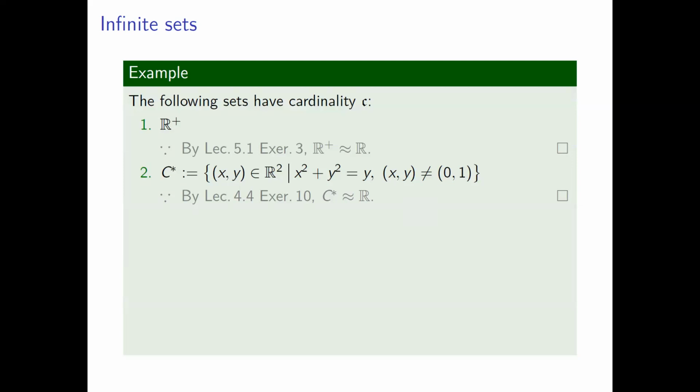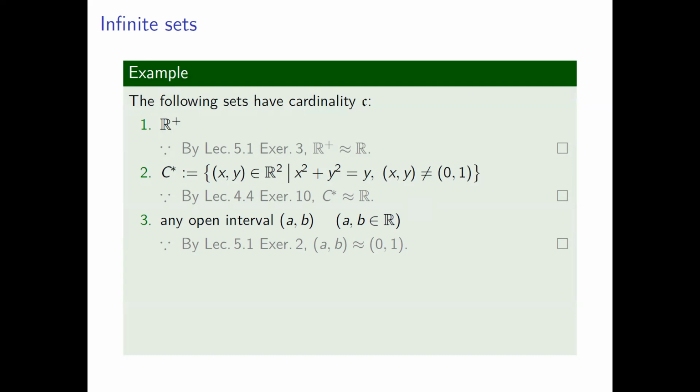This follows from lecture 4.4 exercise 10, which claims that C star is numerically equivalent to R. Any open interval with endpoints a and b. This follows from lecture 5.1 exercise 2, which claims that an open interval from a to b is numerically equivalent to the open interval from 0 to 1.